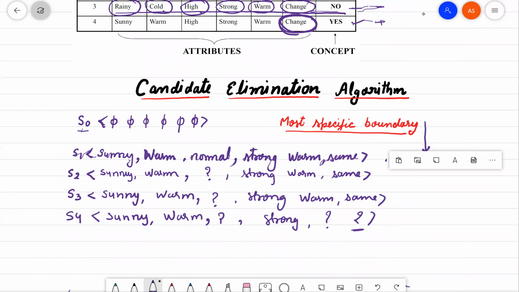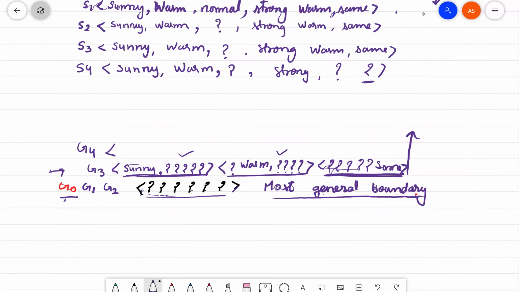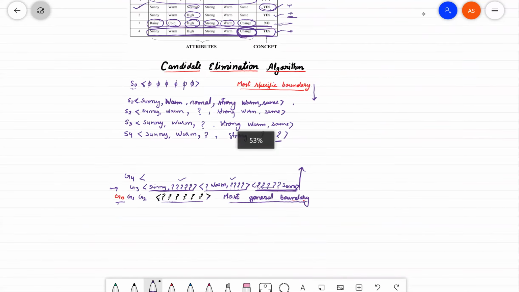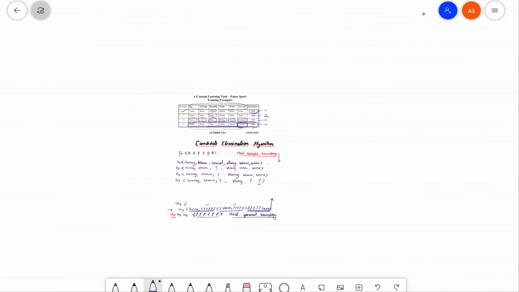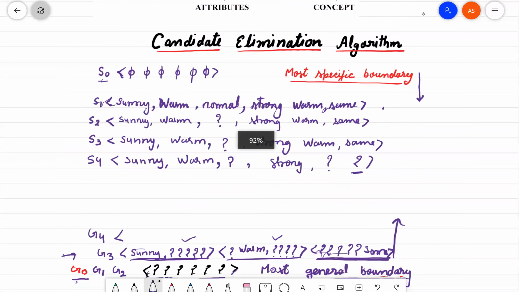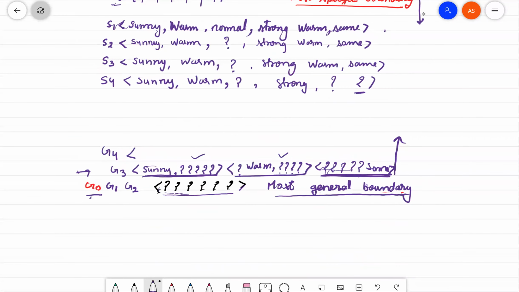Okay, so this positive training example should be consistent with all these negative hypotheses, G3. It should be consistent with this G3. Just a minute. Okay, so this S4 training example should be consistent with G3.